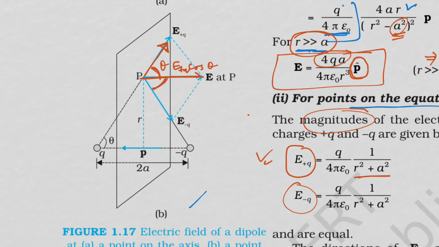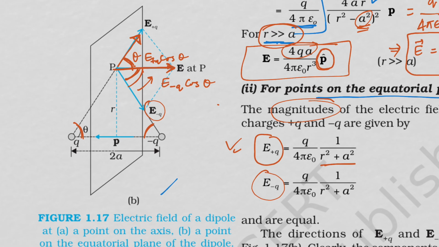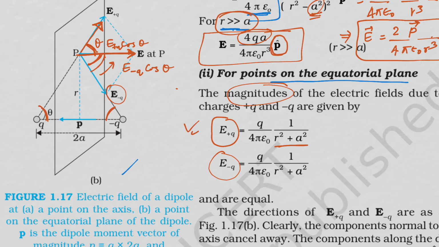This angle theta here is equal to this angle, and the same goes for this. These two angles are equal. So for the same, E minus Q, when projected on this resultant direction or the x-axis, it will be E minus Q cos theta.